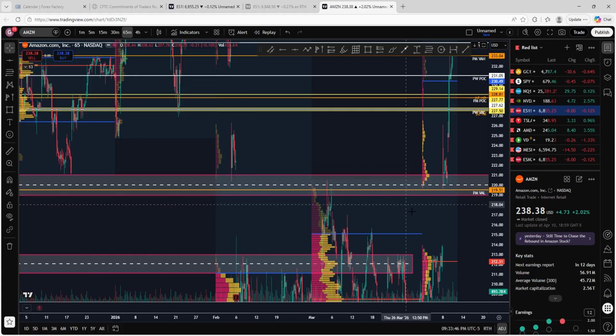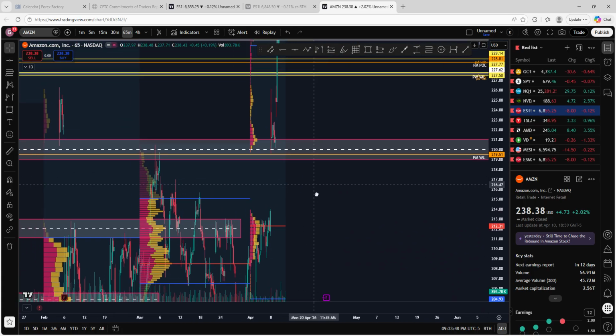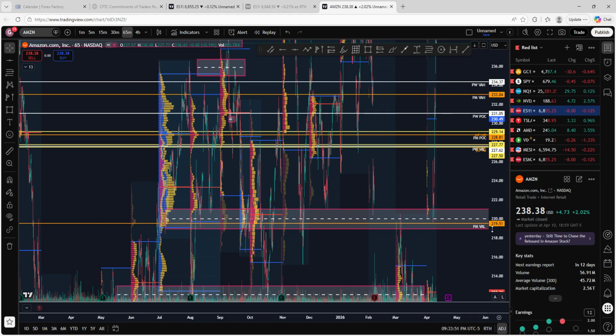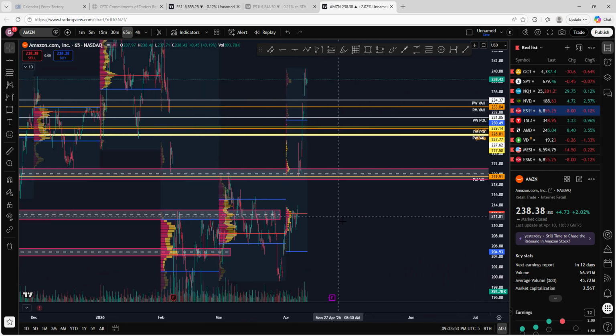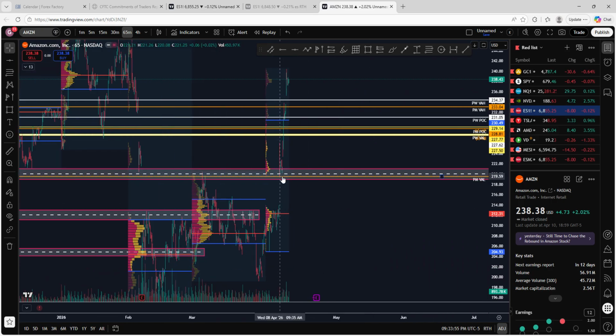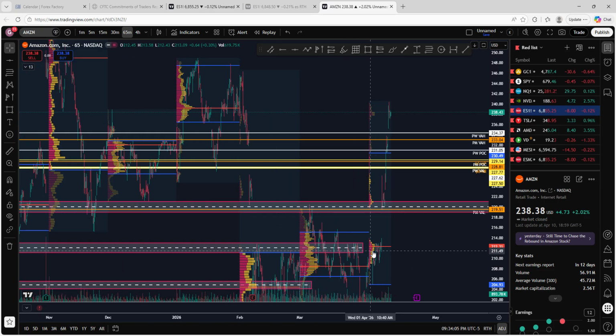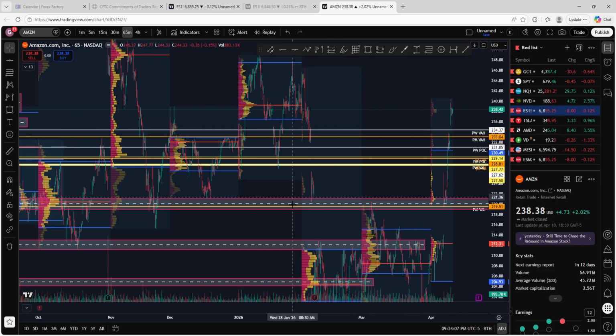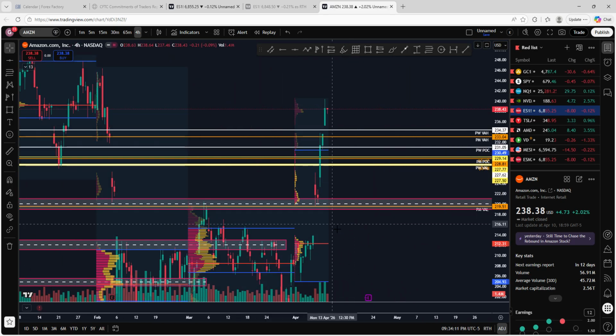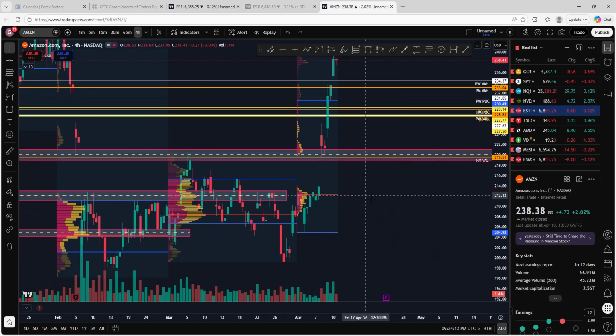Look at that. Support. This just happened, right? When did this happen? Wednesday. So this happened last week? They gapped up above the level that I had, and they rocket from it. It's pretty crazy. Pretty wild, honestly.